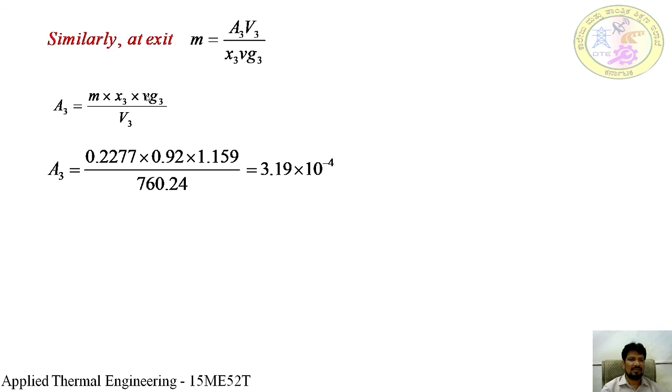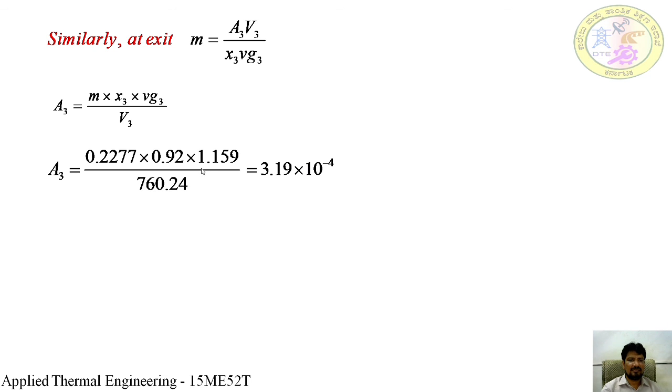Now you substitute the value of m as 0.2277, which is given in the problem, and X3 from the Mollier diagram, that is the dryness fraction at the exit, 0.92, and Vg3 from the steam table corresponding to the pressure, 1.159, divided by V3, the velocity at the exit, that is 760.24.